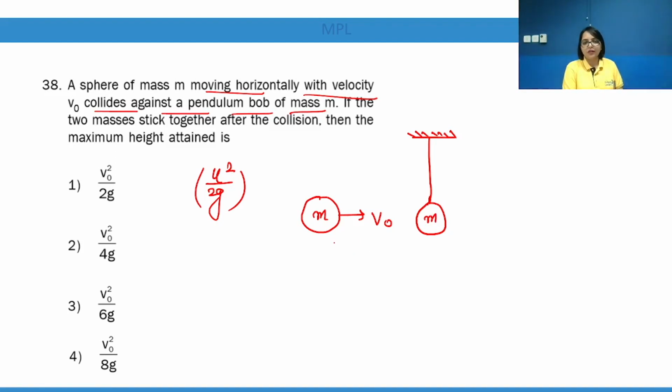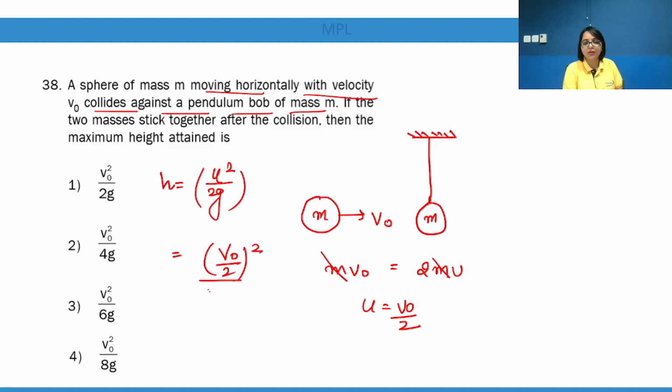So initial momentum is mv naught. Let's say after collision both of these masses stick together. So after collision velocity is u. So 2mu is the final momentum. Initial momentum is equal to final momentum. So u is v naught by 2. Right, let's put the value of u in this one to get the height attained. So it is v naught by 2 whole square divided by 2g. So it is v naught square divided by 8g, and that is your option 4.